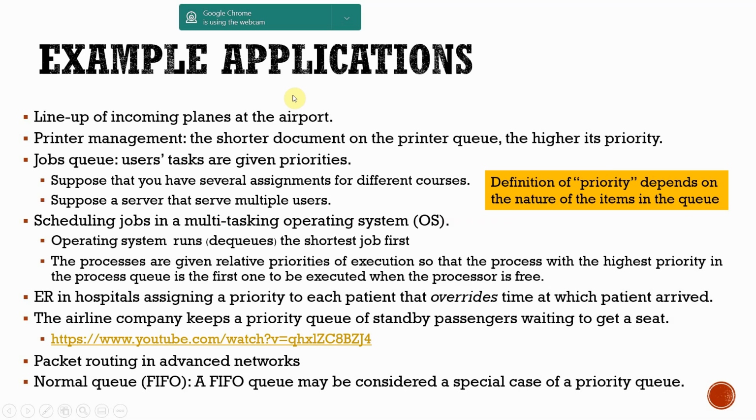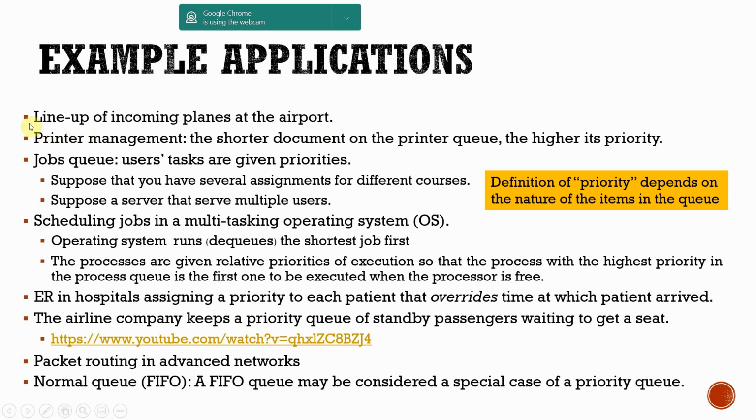So some of the applications of priority queue, some of these are real life applications, and some of them are programming applications. So for example, for a lineup of incoming planes at the airport, the people in charge might have some priority for every plane.